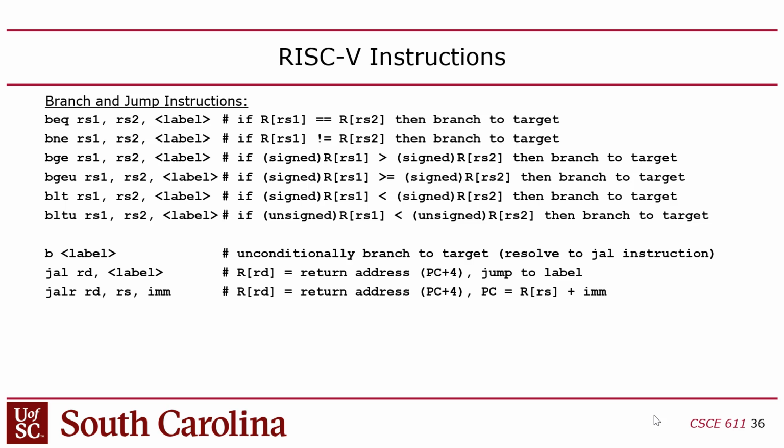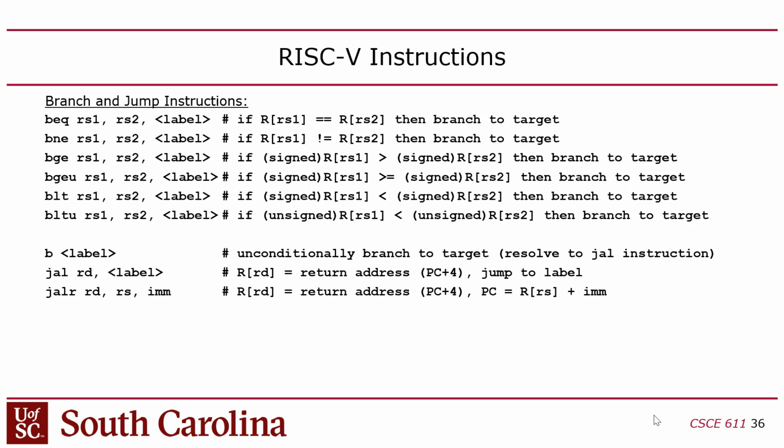So these are conditional branches that do a comparison and then change the program control flow if the comparison is true. If the comparison is false, it's essentially a no-op and falls through. It doesn't change any state.